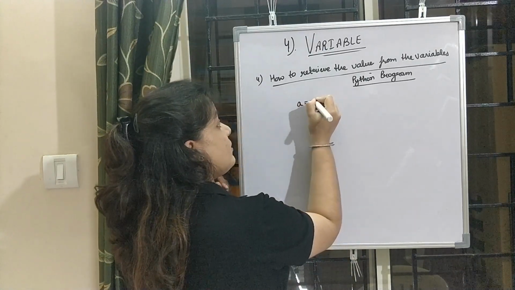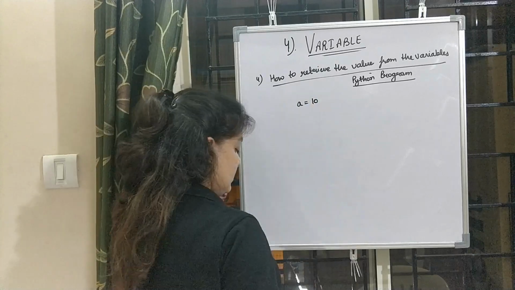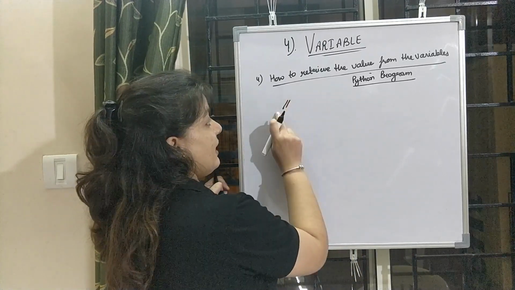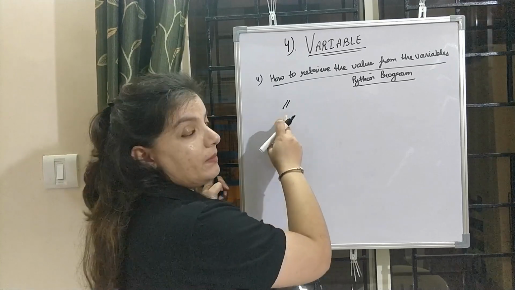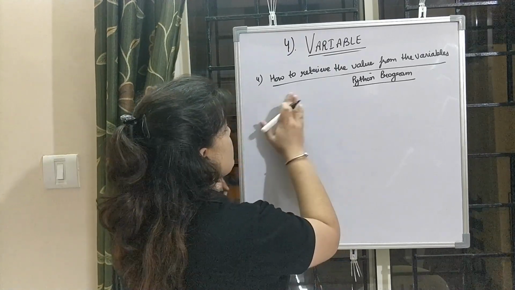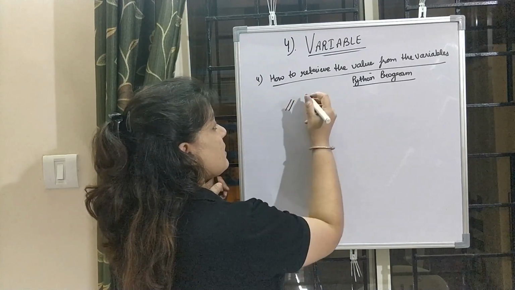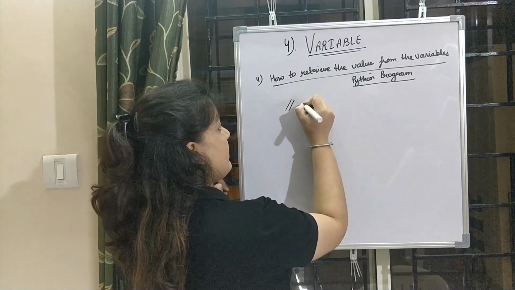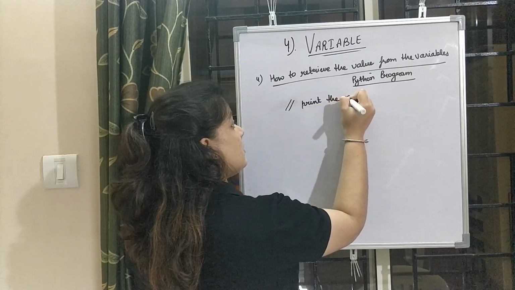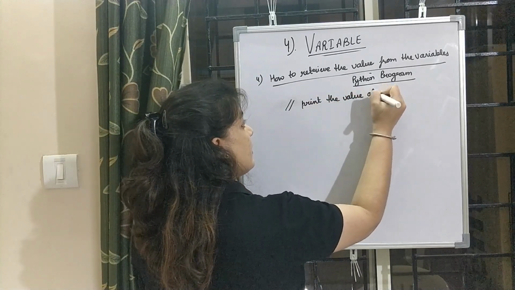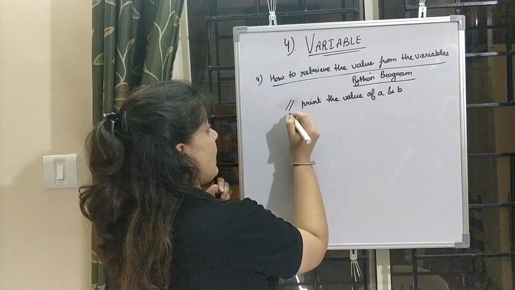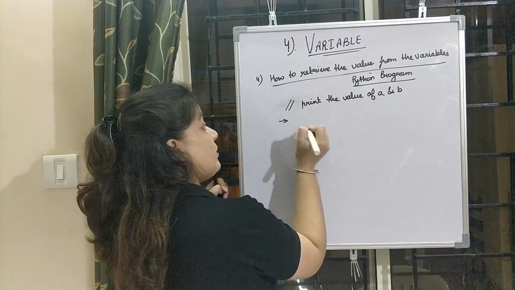Simply a = 10. First of all, I need to write the program name, that is hashtag, not double slash, so it is used as a comment. The program name: print the value of a and b variables. Okay, now from here the program will start.